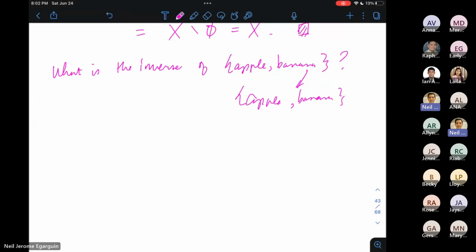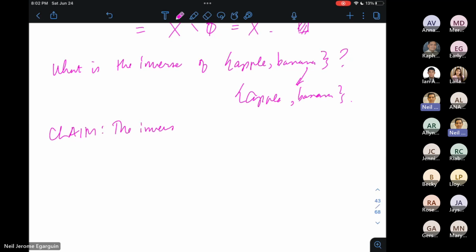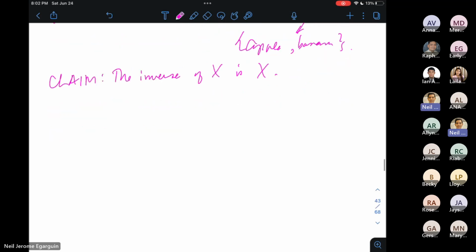And here we are claiming, or si Rose, kinlaim niya kanina na the inverse of X is itself, right? So if you want to write a proof for this, kailangan ko lang ipakita na x plus x is equal to the empty set, right? So we'll just let x be an element of the vector space, then compute x plus x.